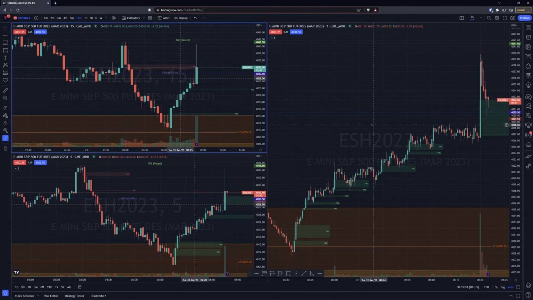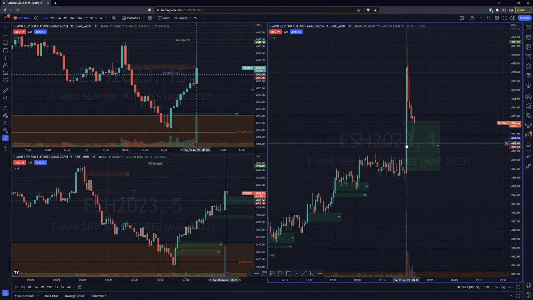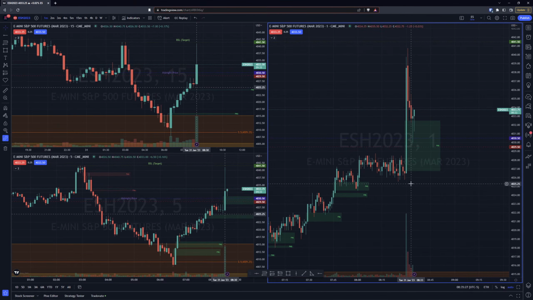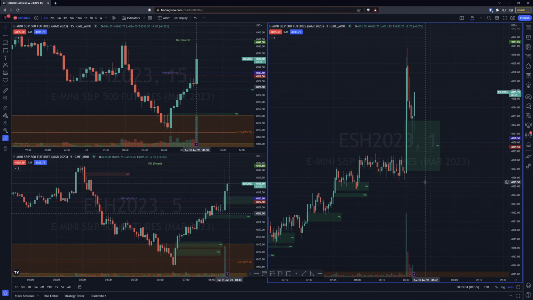But when I saw that push at 8:30, that has me feeling very bearish. It's the Power 3 concept that ICT talks about, right? Power 3 is accumulation, manipulation, distribution.